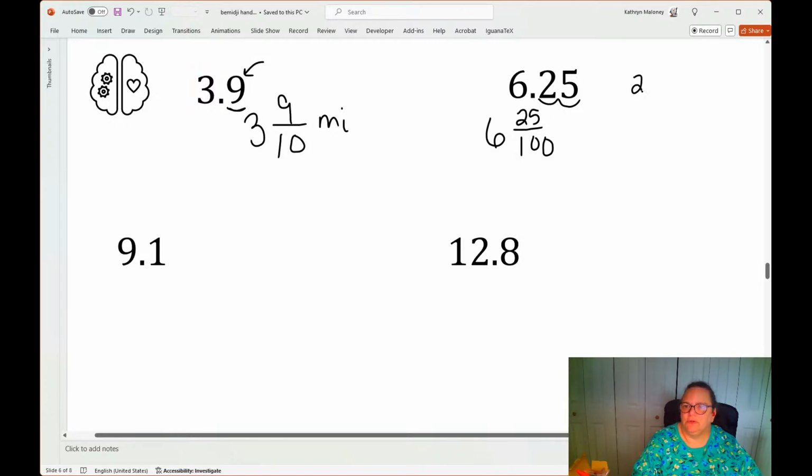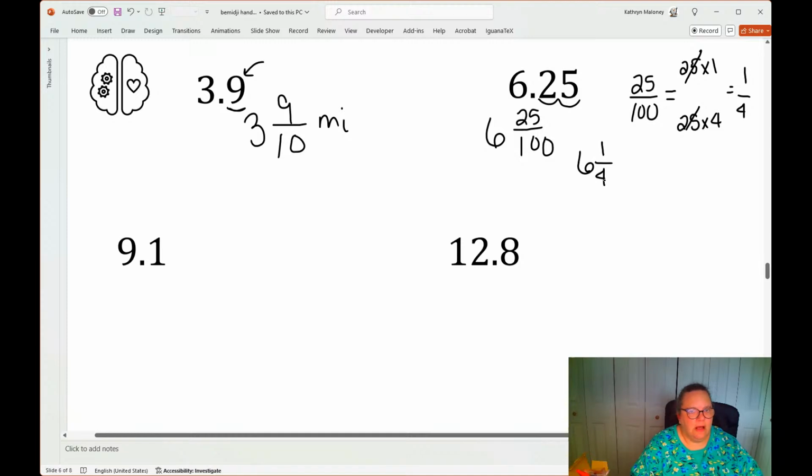I'm going to write it right here: 25 over 100. 25 is 25 times 1, because I know that 25 goes into 100, 25 times 4. Cancel my common factors, and we end up with 1/4. So this is 6 and 1/4. We could also call it 6 1/4.